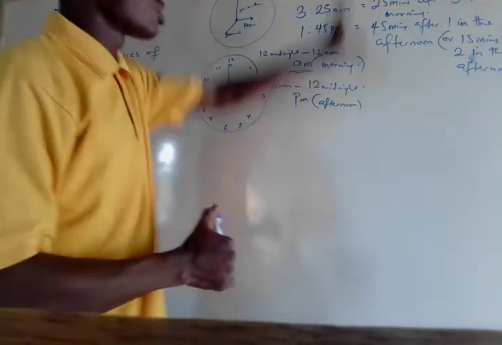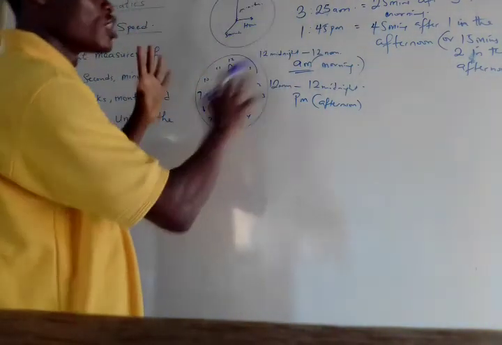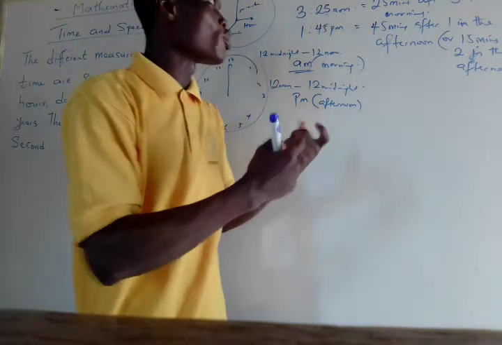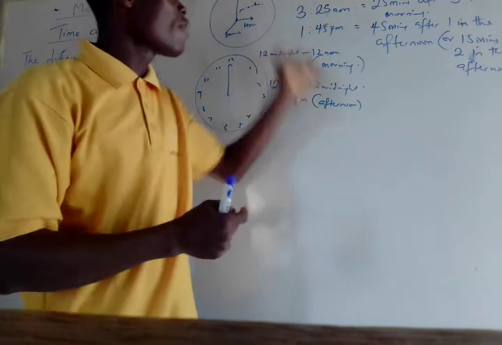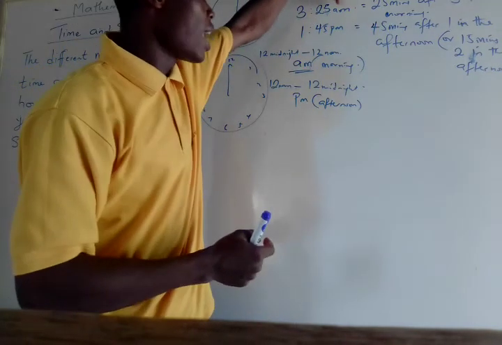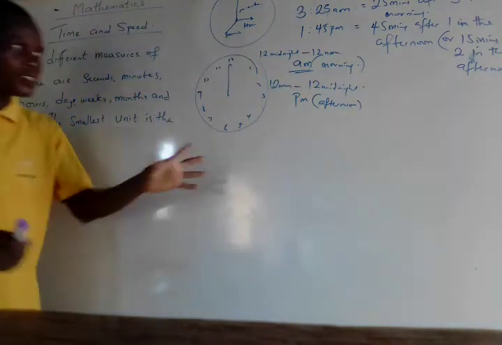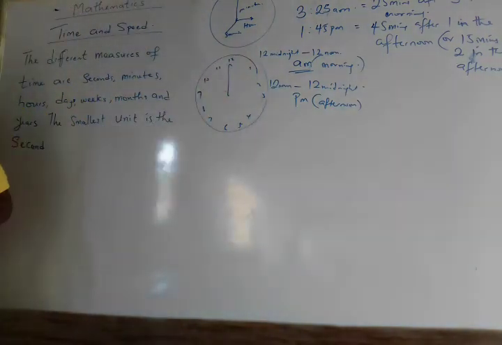So getting to know this already introduces you to time. It is easier for you to calculate the number of hours between an AM and a PM, from one day to another, and it makes it quite easier for you to get your answers right.